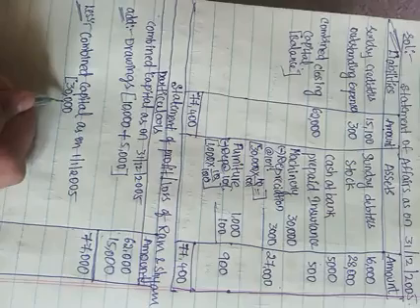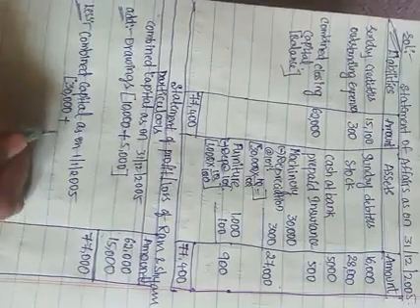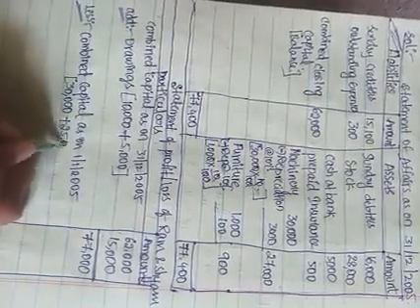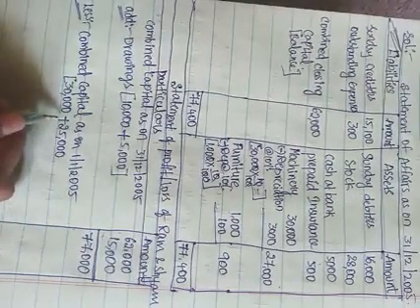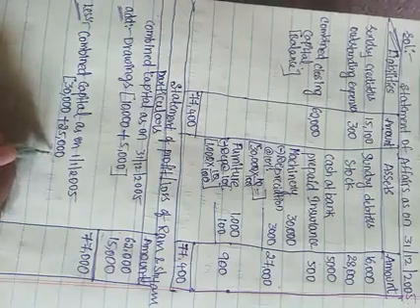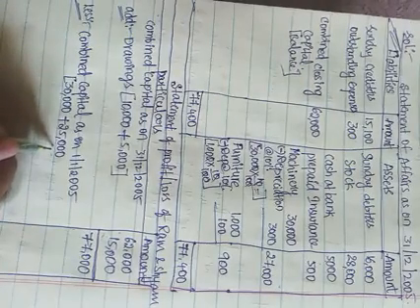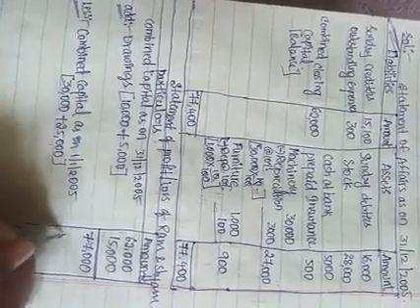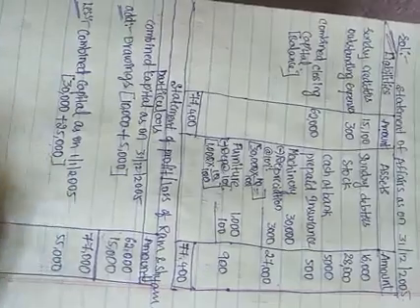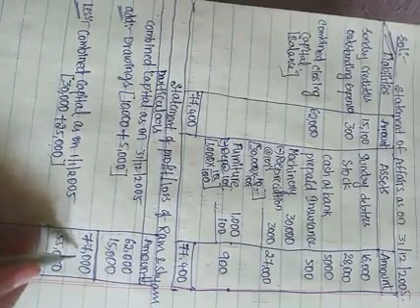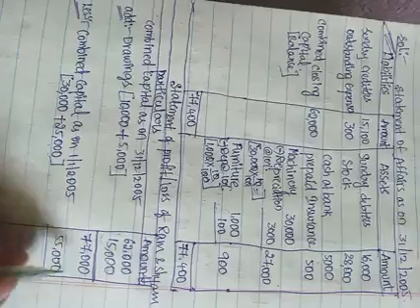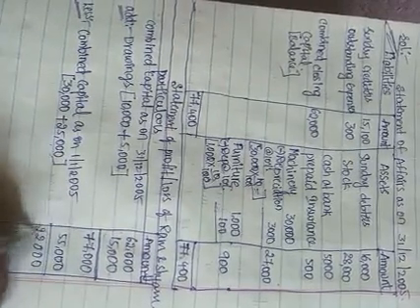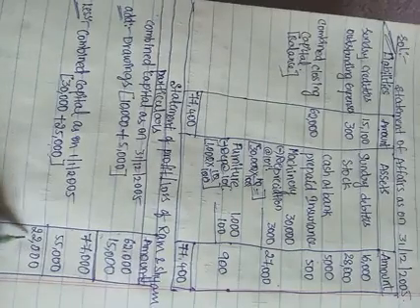Ram's capital is 30,000 plus Sham's capital is 25,000. 30,000 plus 25,000 is 55,000. Deduct this amount. 77,000 minus 55,000 is 22,000. This is what? This is a profit.